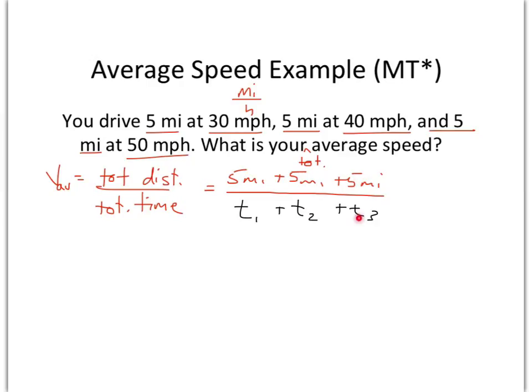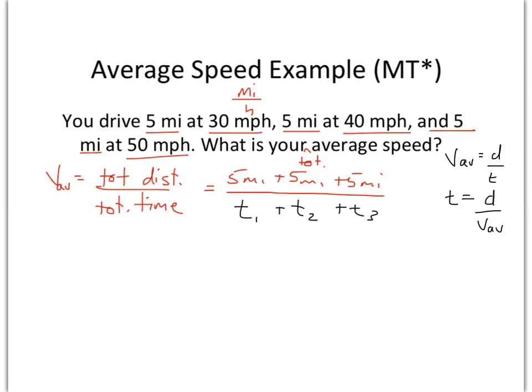However, we do know that average speed is distance over time. So couldn't we find the time by saying that time is going to be distance over your average speed? We're just rearranging to solve for time.